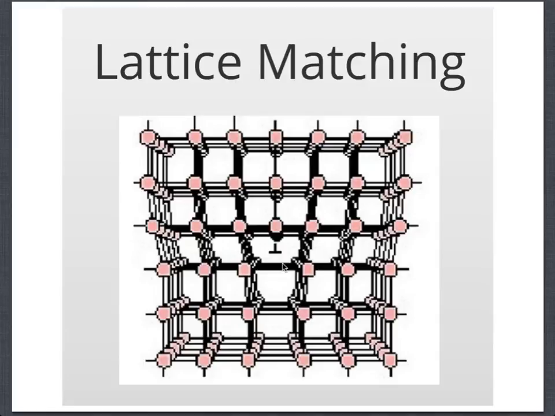The defects create recombination centers, so the electron hole pairs created recombine in those defects, and you lose efficiency. So the layers have to be lattice matched. This limits the choice of which layers you can grow. You can't just grow one layer on top of another; you have to make sure that the lattice constant is maintained.